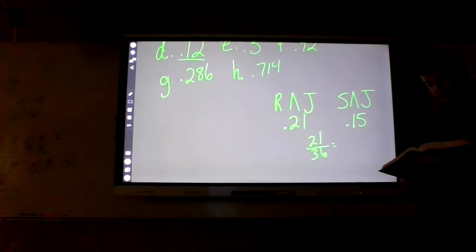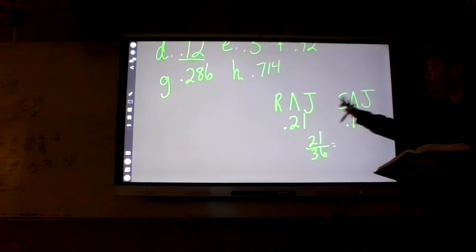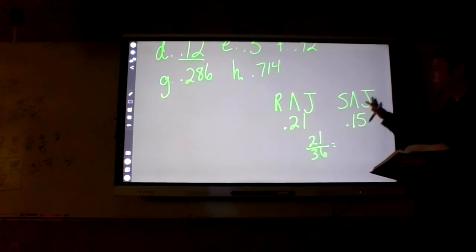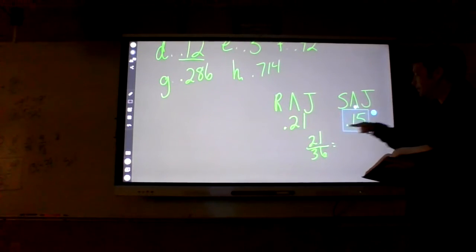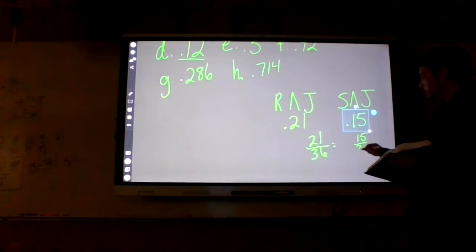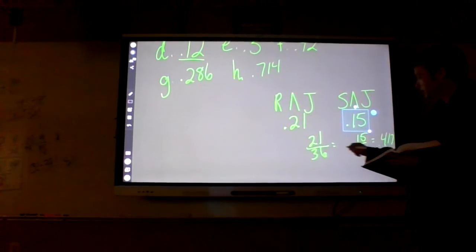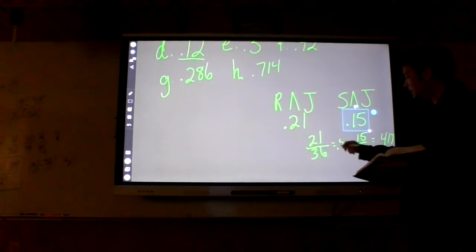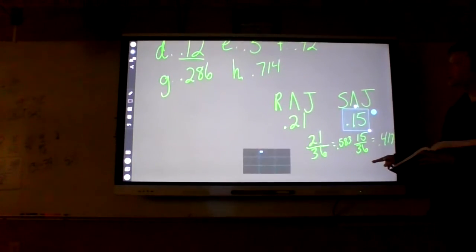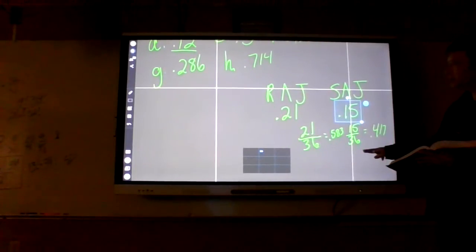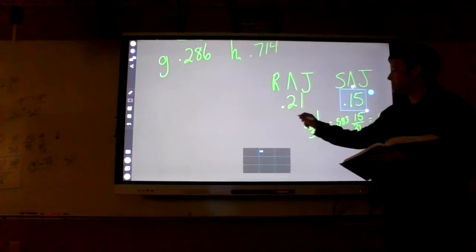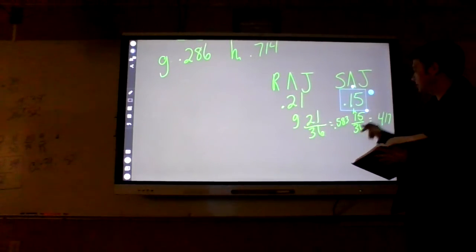Okay, and then H is, given that J happened, so these are the two ways J could happen, what's the probability that S happened? So it'd be 15 out of 36. What'd you get, Matthew? 0.417. This is 0.583. Okay, so this was G and H for number 2. Let's knock those out. All good.